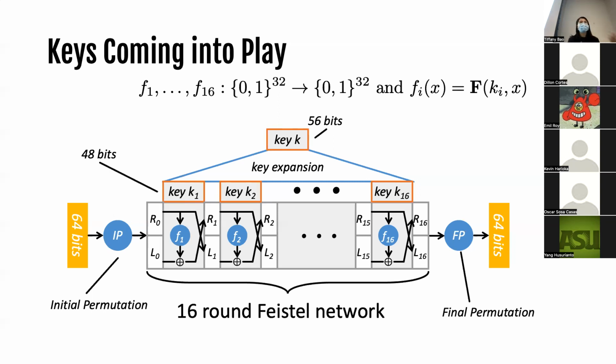Now we're just saying this is plain text. And then you have an initial permutation, where you just change the order a little bit, and have it pass through this entire network for 16 rounds. And then you will have a final permutation. And after that, you will have 64 bits of ciphertext or plain text. Okay.